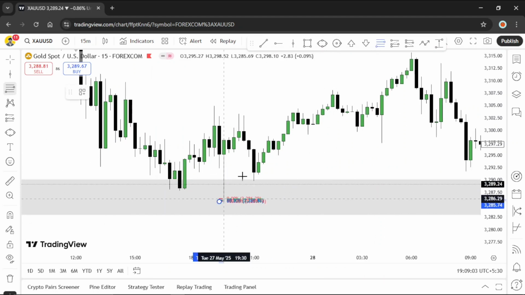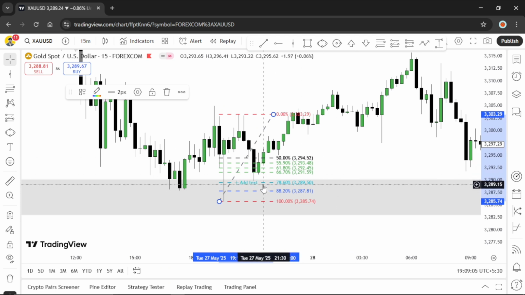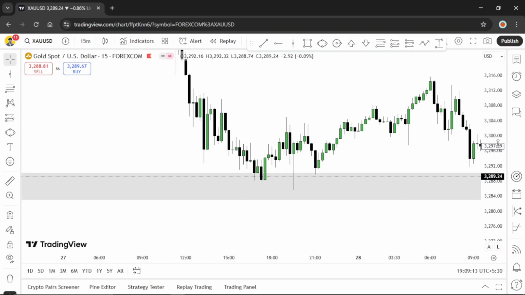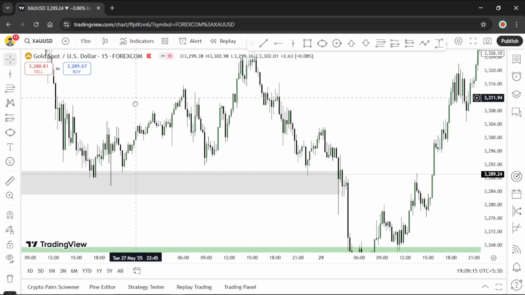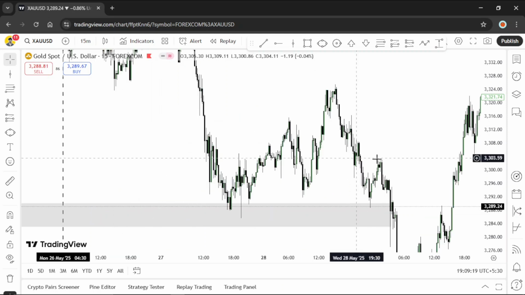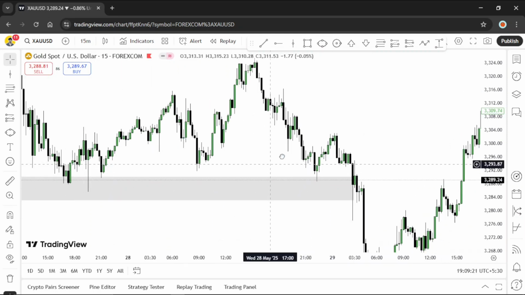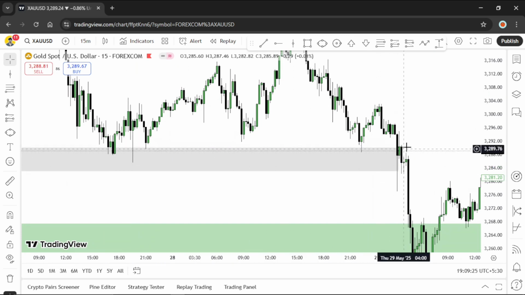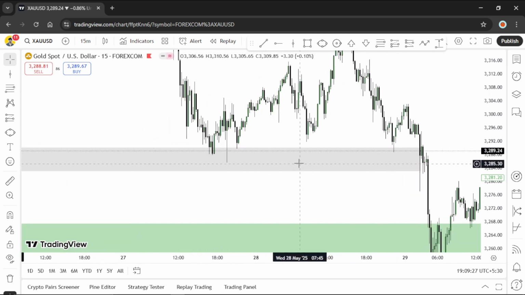The market came up to about the 78 fib level. So there is a potential chance of taking a trade from that area, and the market clears this area and goes up to this. We can see the market taking support from this area. If I draw, I am deleting this thing.